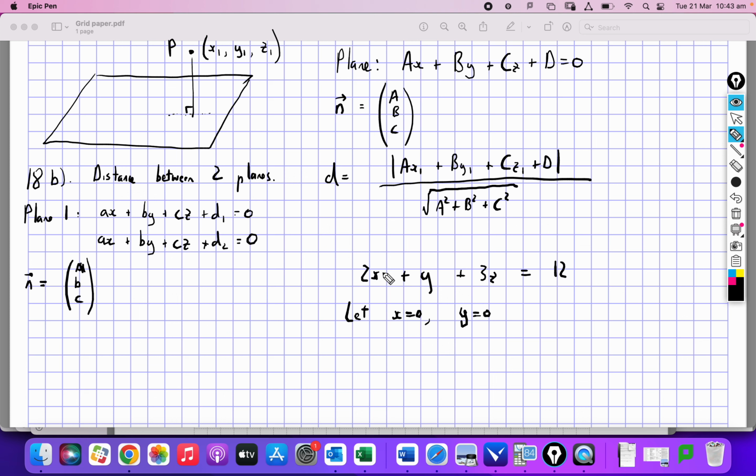But that's fine. Any numbers that satisfy this equation must be a point on the plane. So 2 times 0, y is just 0, plus 3 times some z has to equal 12. We could work out that z could be 4. This point is really easy to get because I made 2 of the variables equal 0. This point is 0, 0, 4. So that's one way you could do it.